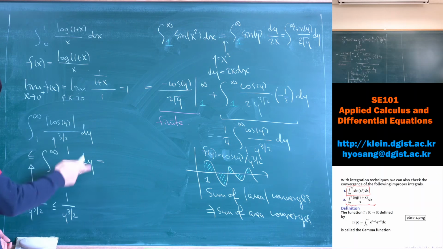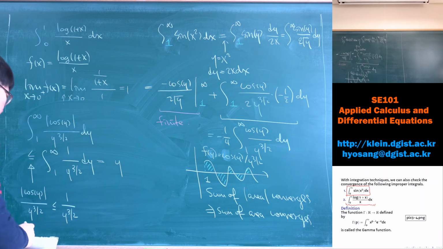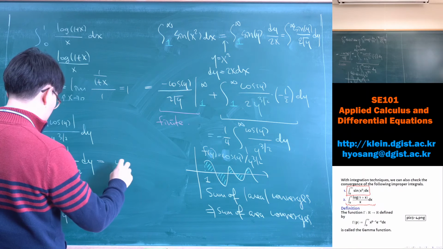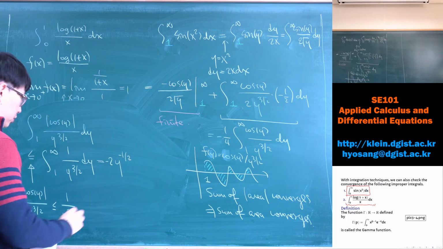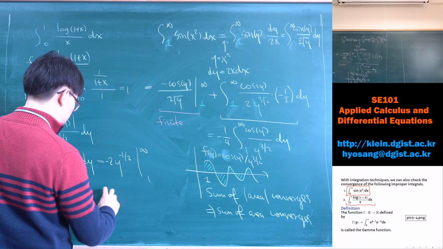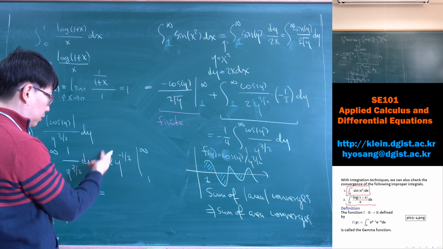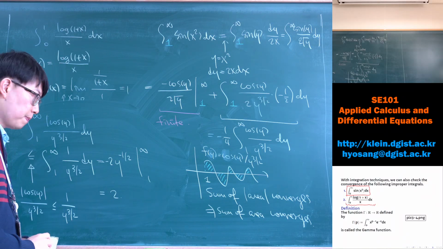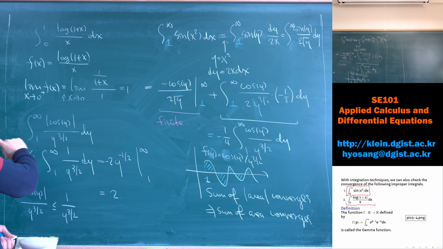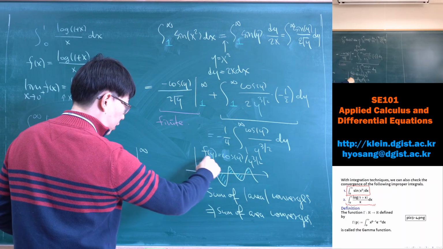And what's the integral here? So we have minus 2 times y to the minus 1 over 2 from 1 to infinity, right? So when y is infinity, this becomes 0, so nothing happens. When y is 1, we have 2. So this is 2.